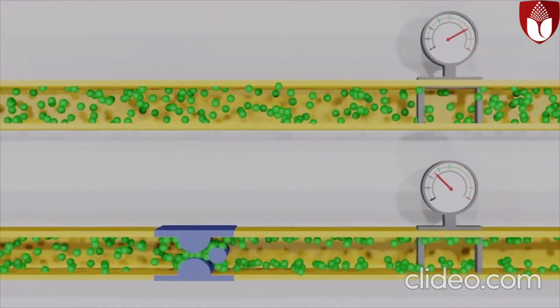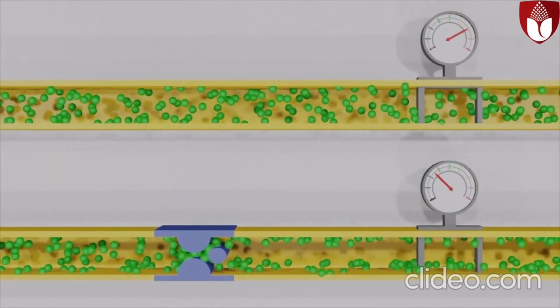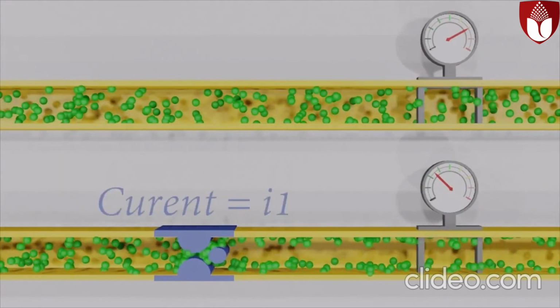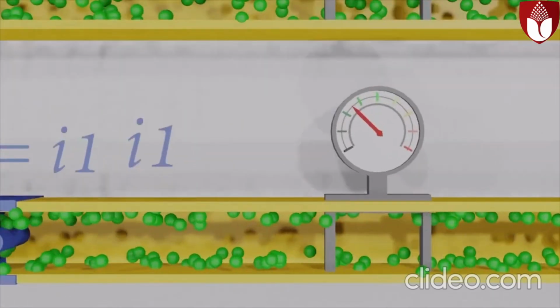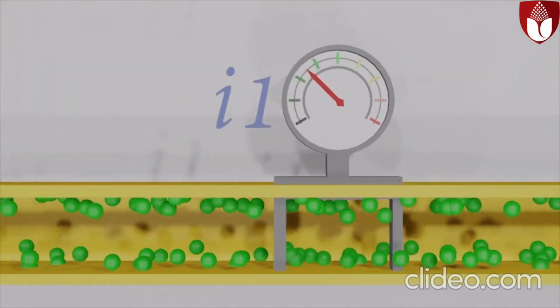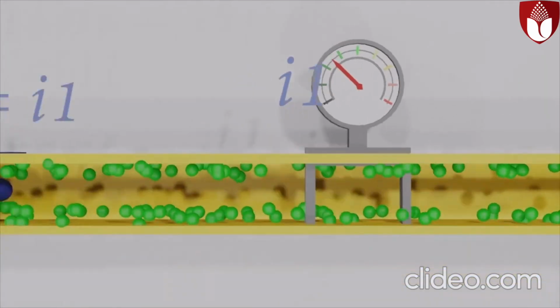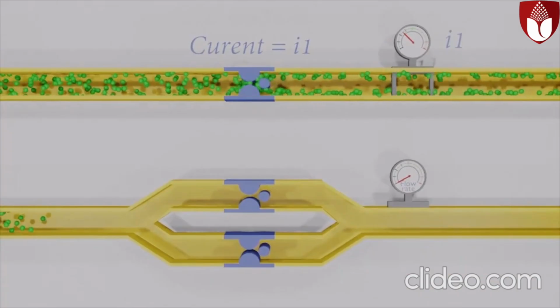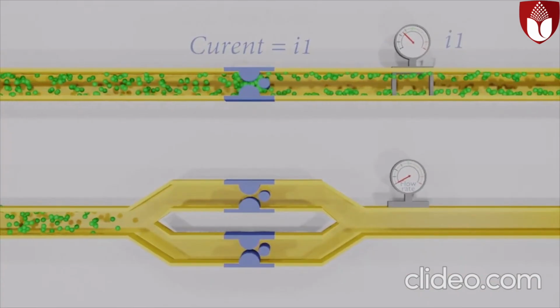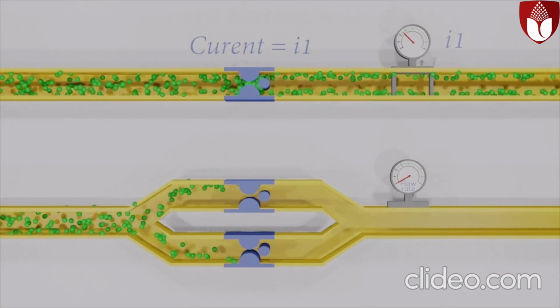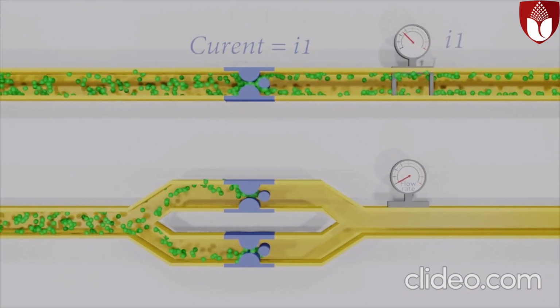Let's go back again. We know series resistors reduce the current. Assume this resistor only allows I1 current to go through it. Now the ammeter reading is I1. What happens if we connect two resistors that have the same resistance in parallel and apply the same voltage across them?